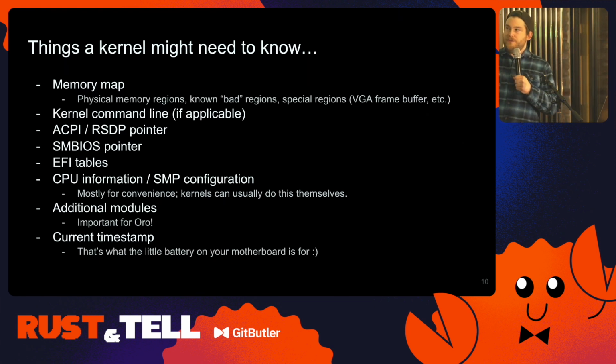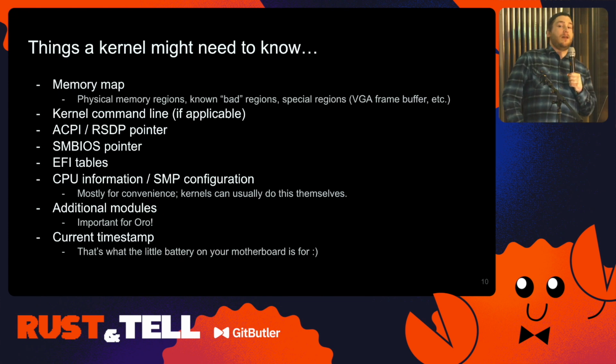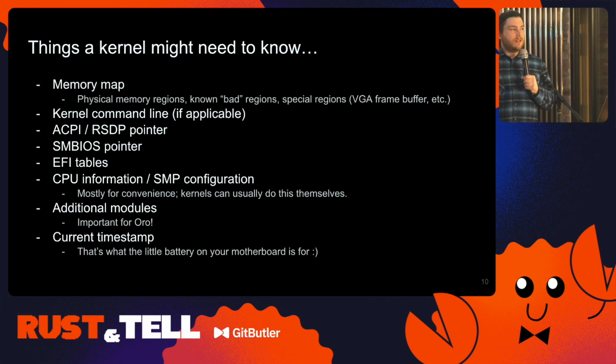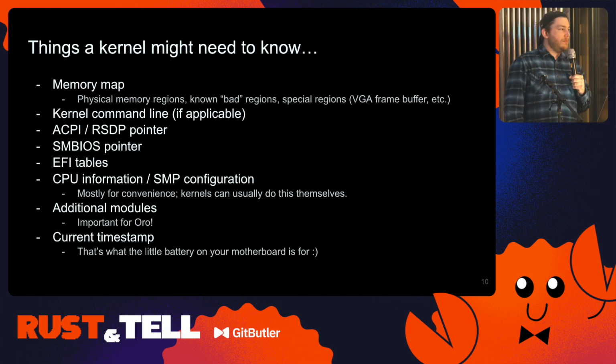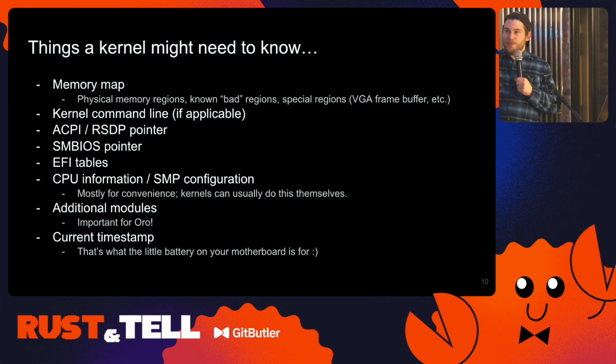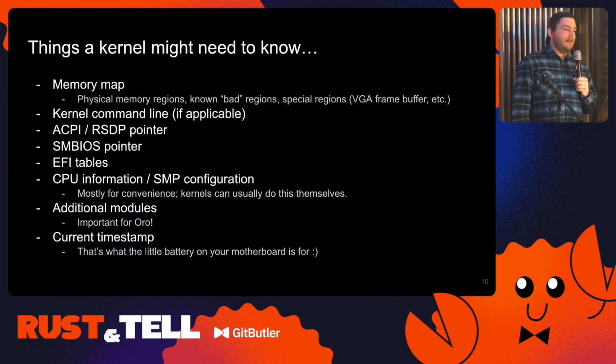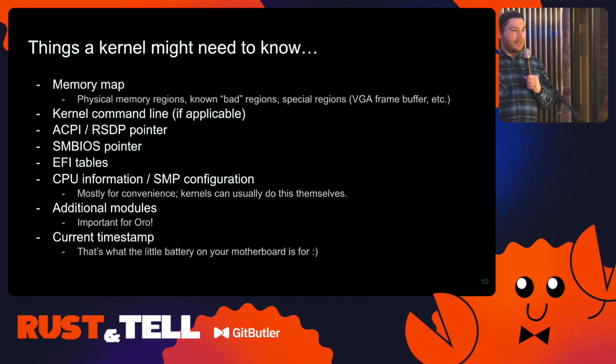All sorts of other stuff. The kernel command line, just like a normal command line interface, you can also pass a command line to the kernel or to its modules. Some of you might have done this, mitigations for like Spectre and Meltdown. You can turn those off via the command line, things like that, right? You have ACPI. What does the power button do when you hit it? It's not the only function, but it's one of the functions. SMBIOS, what devices exist?